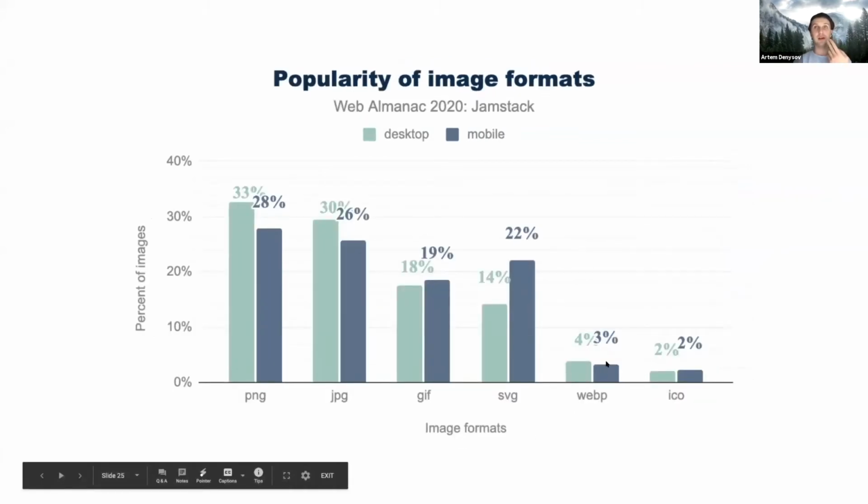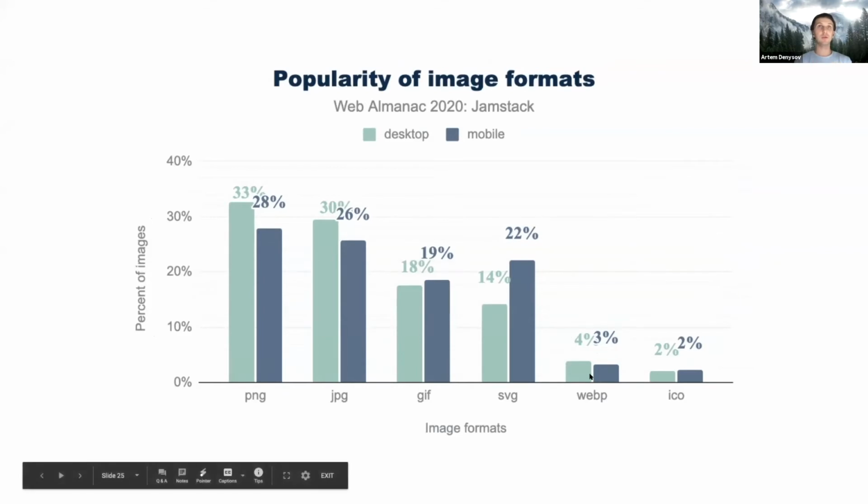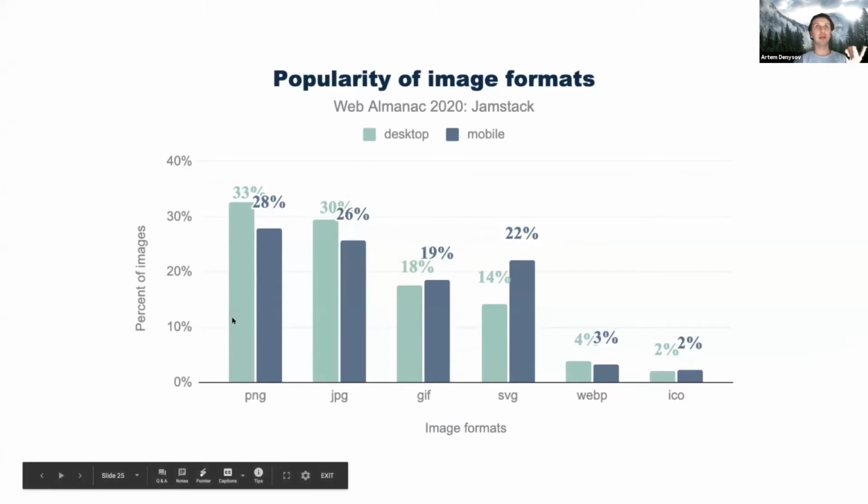We see the WebP format actually decreased despite all the effort from the community, and the numbers are not really good here. And we see GIF, right? It's about 20%.